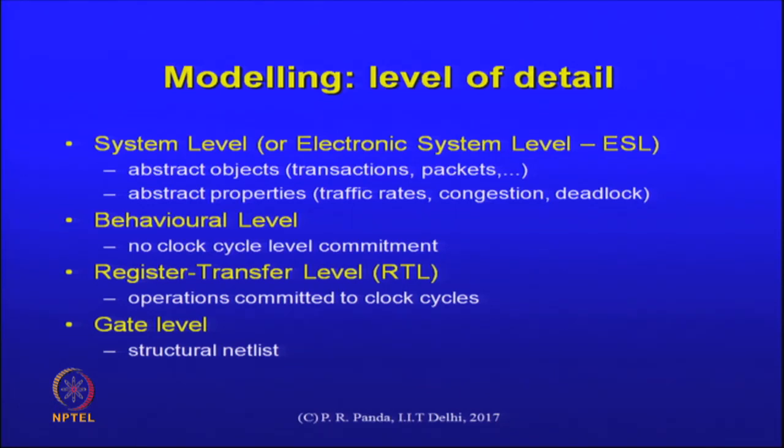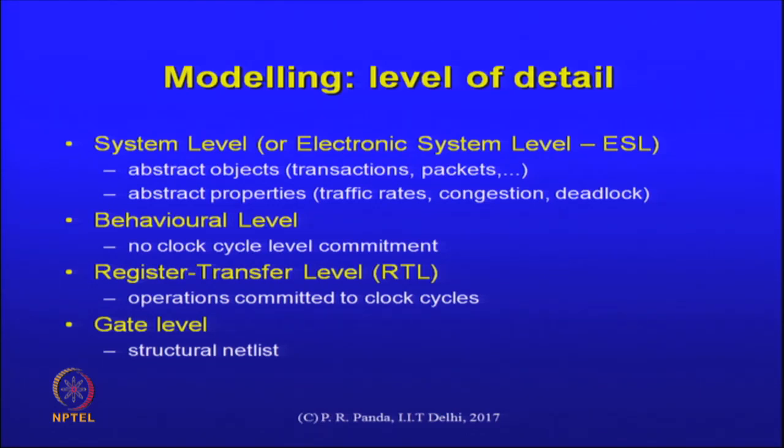This is somewhat distant from a pure hardware view of the system. So, such kind of objects and properties such as traffic rates or congestion or a deadlock, if there were some kind of a network that is being implemented, then these are the properties that you are interested in, and those are transactions and modules and traffic and so on.